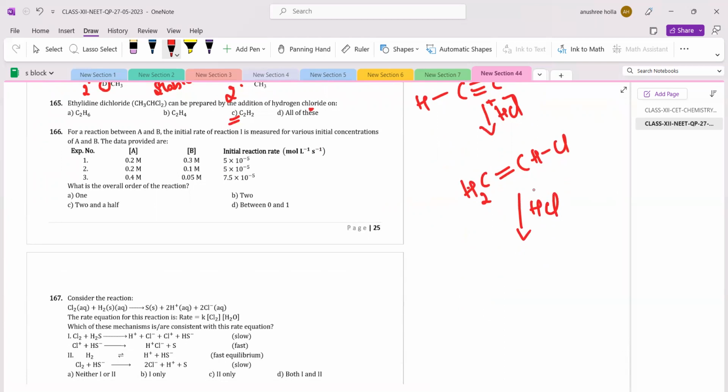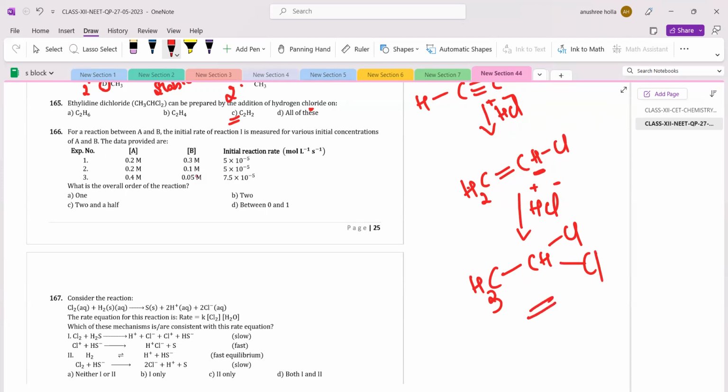So now, according to Markovnikov's addition, the negative part of the adding molecule will add to the carbon atom containing the least number of hydrogen atoms. So your Cl will be adding to this carbon. So you'll be getting CH3 single bond CH, Cl and Cl. Your chlorine is adding to this carbon atom because this has less number of hydrogen atoms, and your hydrogen will be adding to this carbon, and the double bond in the process will be broken, right? So you'll be ending up with this product.